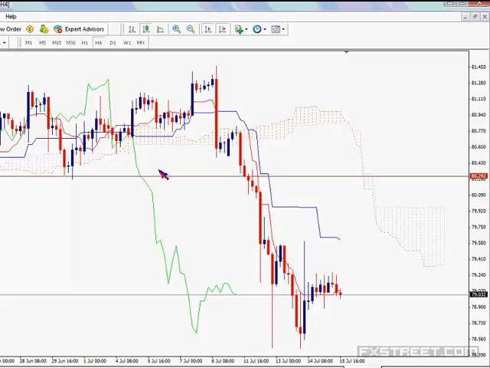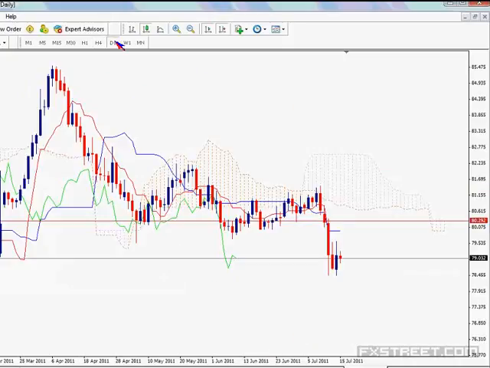If the green line transverses the price chart in the bottom-up direction, this is a signal to buy. On the contrary, if it transverses the price chart in the top-down direction, it could also be understood as a signal to sell.